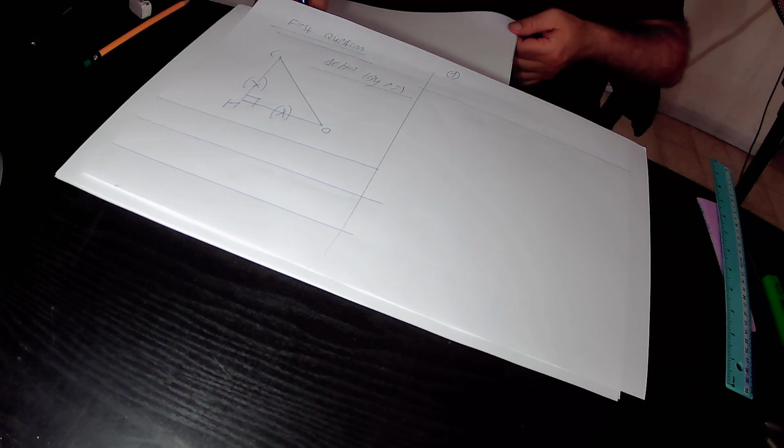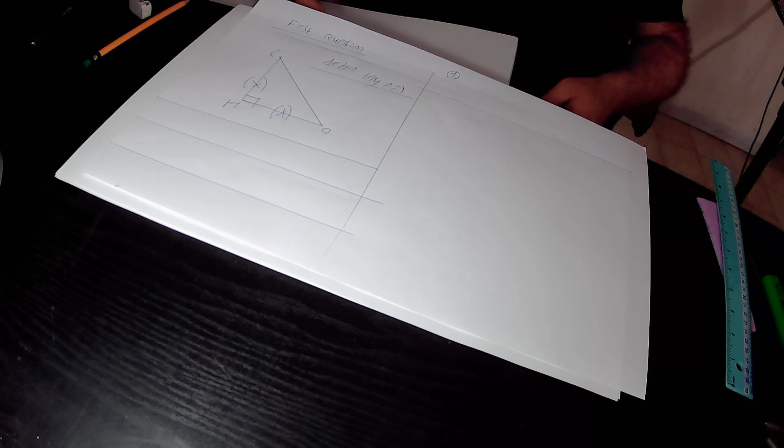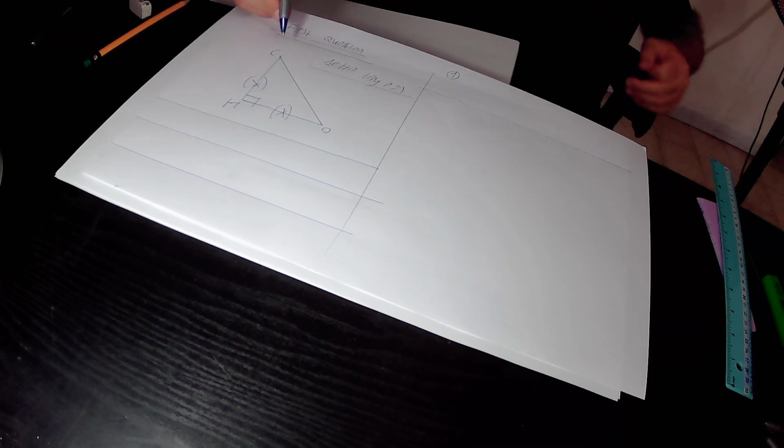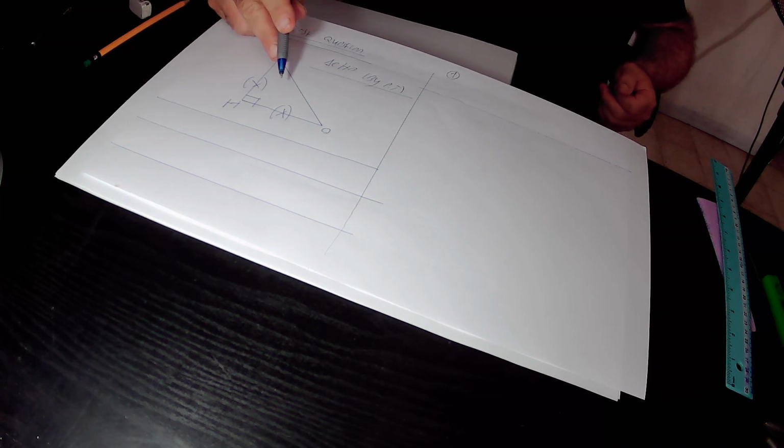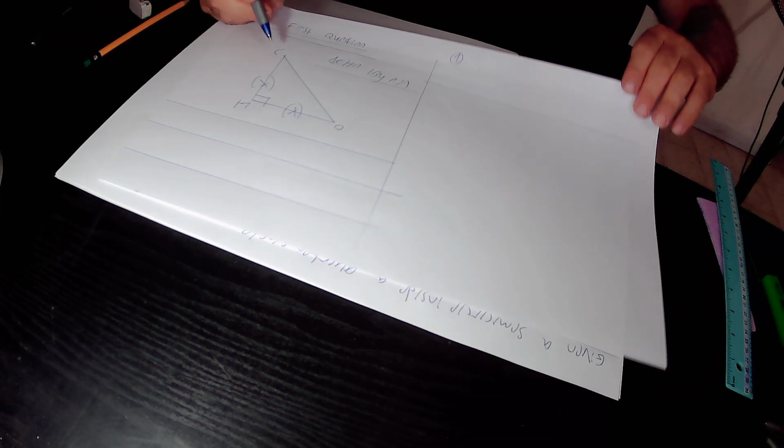According to the Pythagoras theorem, in this right triangle CHO, CO square, that is the square of the hypotenuse, equals CH square plus HO square. Again, CO square equals CH square plus HO square. So I'll write it down.